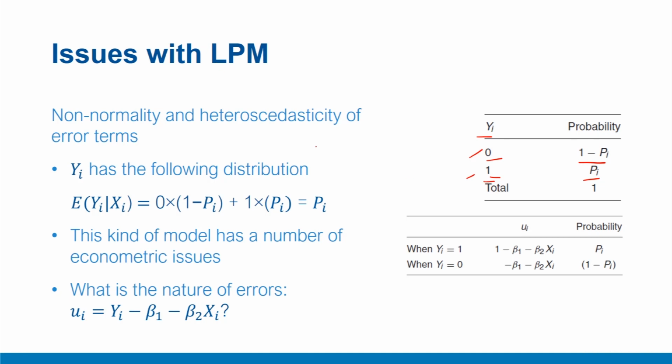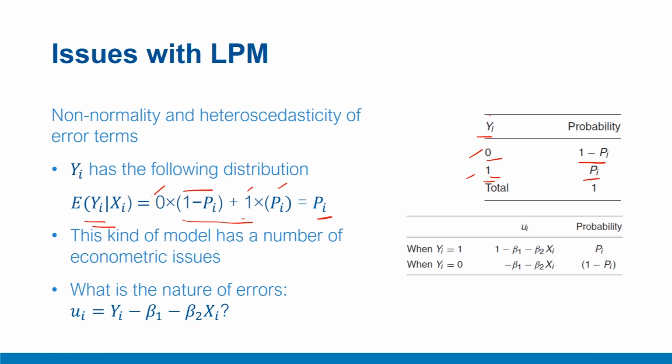Let us calculate the expected value of yi given xi. This is quite simple. If you recall our calculation of expected value, it is 0 with 1 minus pi probability and 1 with pi probability, and therefore the expected value should be equal to pi. 0 into 1 minus pi plus 1 into pi, which is equal to pi, which is our conditional value of yi given xi.